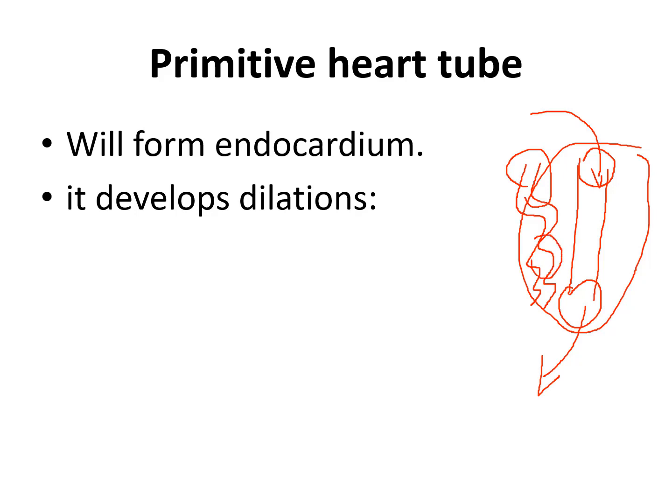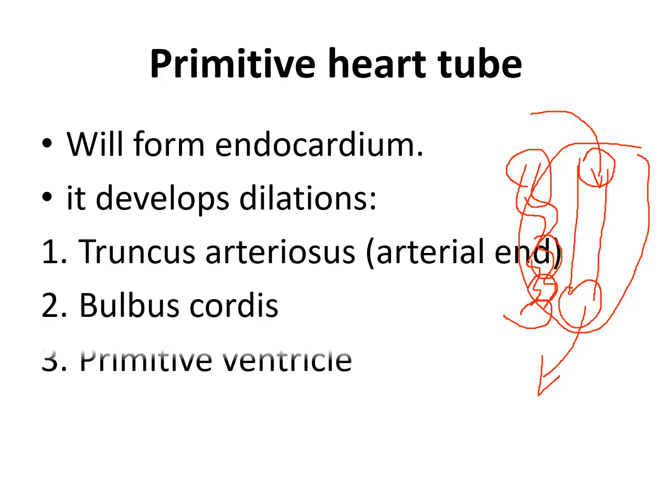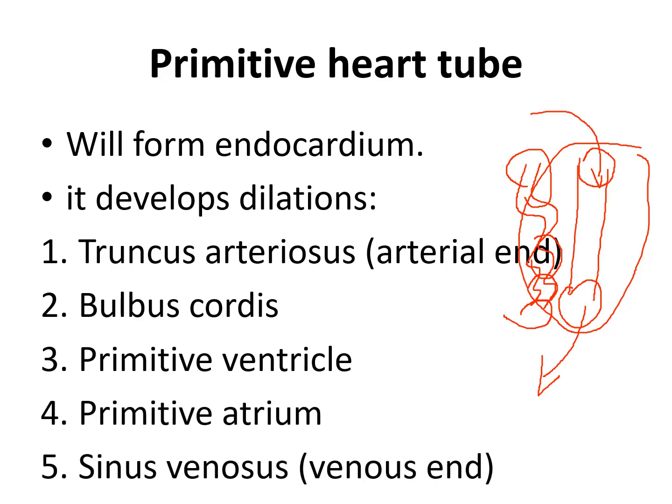What is next to the primitive ventricle? Then we will have a dilatation which is called bulbus cordis, and then we have the arterial end which is called truncus arteriosus. Okay, so we have the arterial end which is truncus arteriosus, bulbus cordis, primitive ventricle, primitive atrium, and sinus venosus.